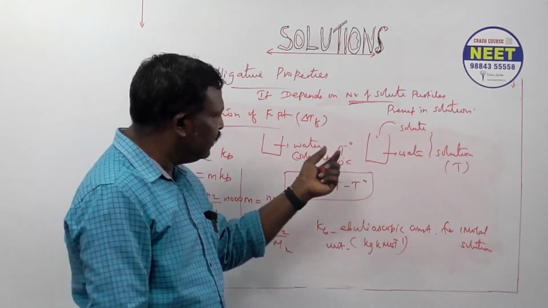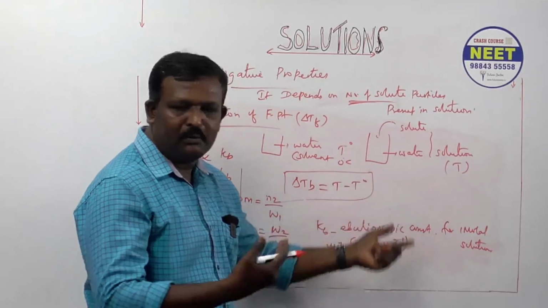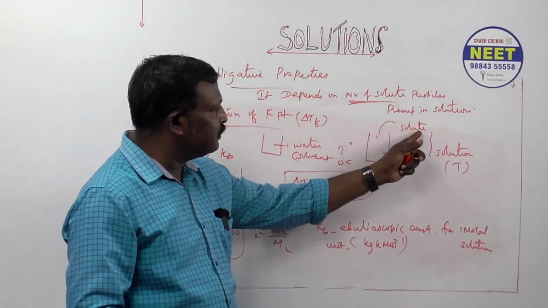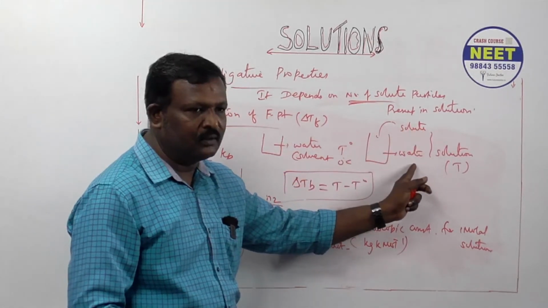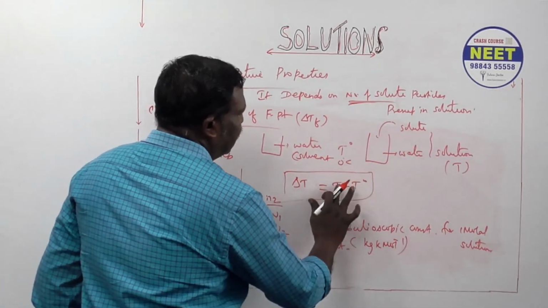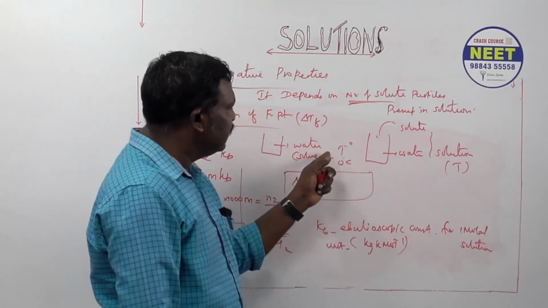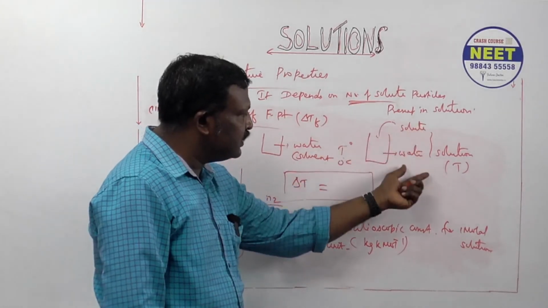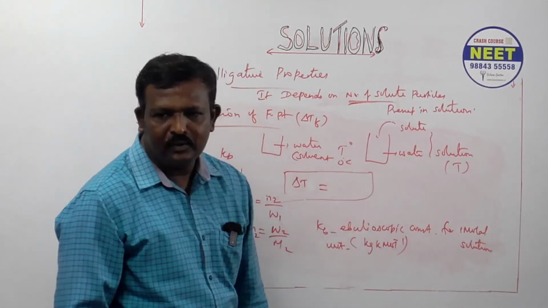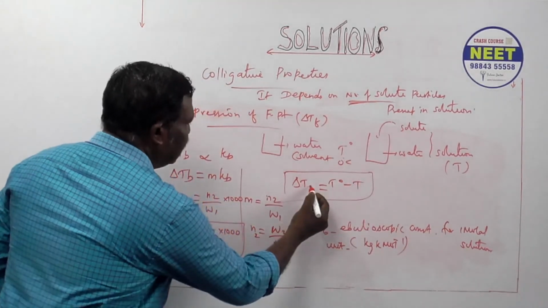It may be -1, -2, -3 like that, depending upon the presence of solute particles in the solution. So which value will be higher, T naught or T? T naught is higher. So del TF is T naught minus T. Understood?